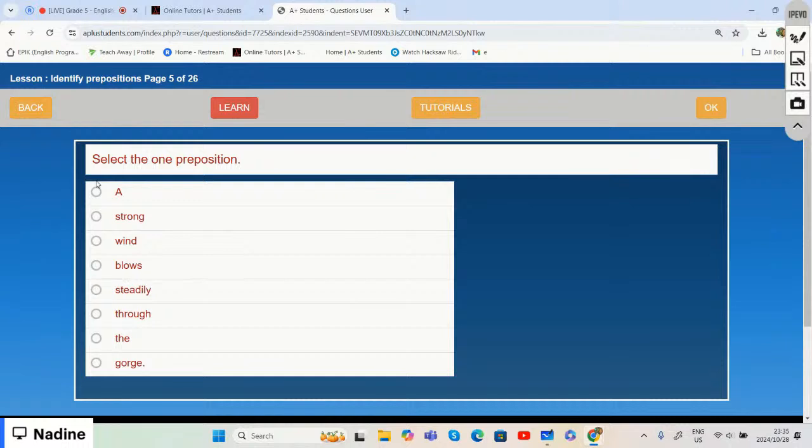Try again. It's not option 5. Not option 4. Try again. A strong wind blows steadily through the gorge.